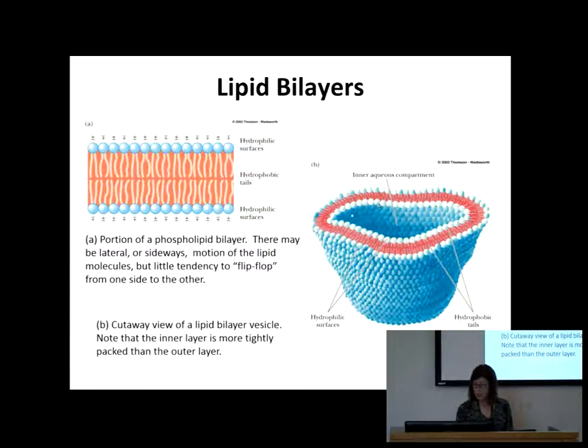Now, I believe I have a video of this where we can see that the inside can almost turn. So this is the outside layer. This is the inside layer of my phospholipids. If you're inside, you're always going to be inside. If you're outside, you're always going to be outside. But they can move past each other.